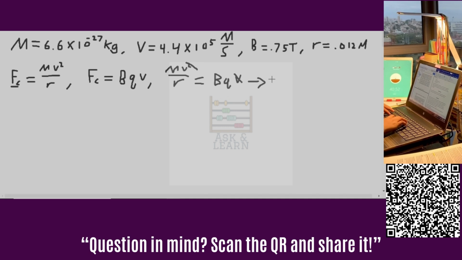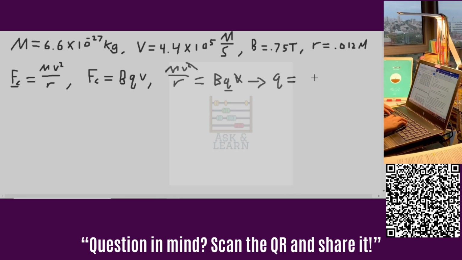What we're trying to find is q, so we'll divide both sides by B. I'm going to flip it around and write q on the left-hand side, which doesn't change anything in the equation.